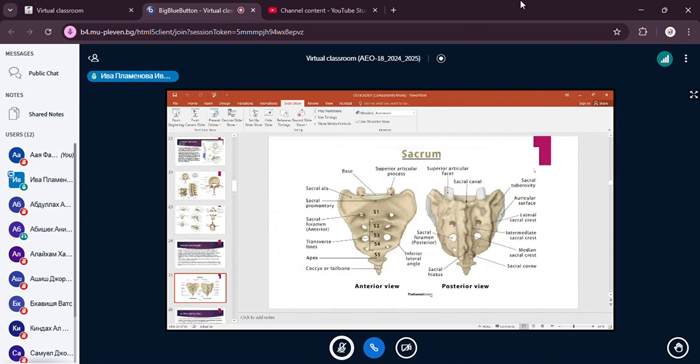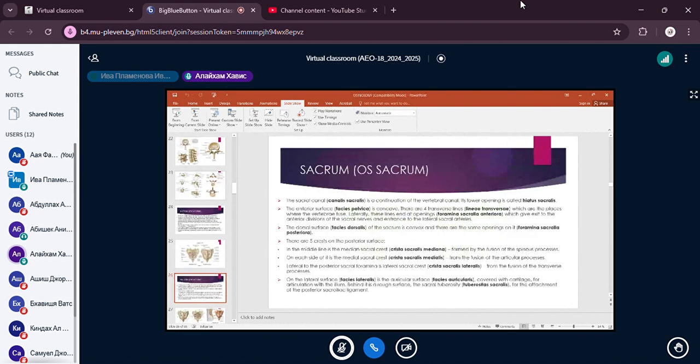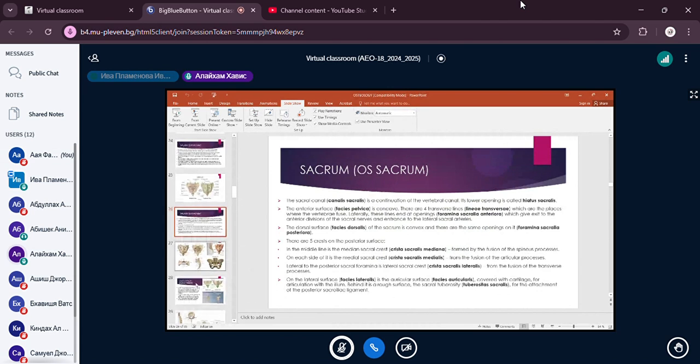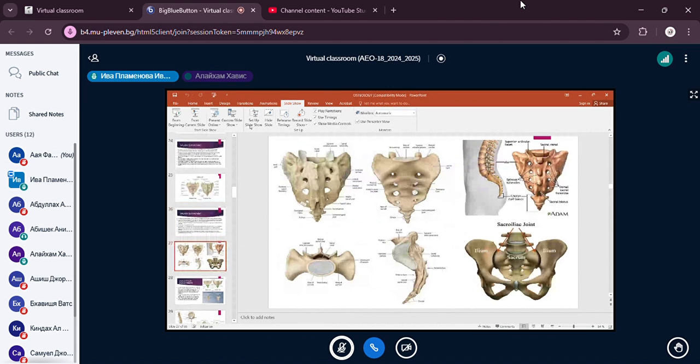What do you remember for the sacrum? It has four pairs of holes and the base. Here is the base. Here is the apex. Four pairs of openings.